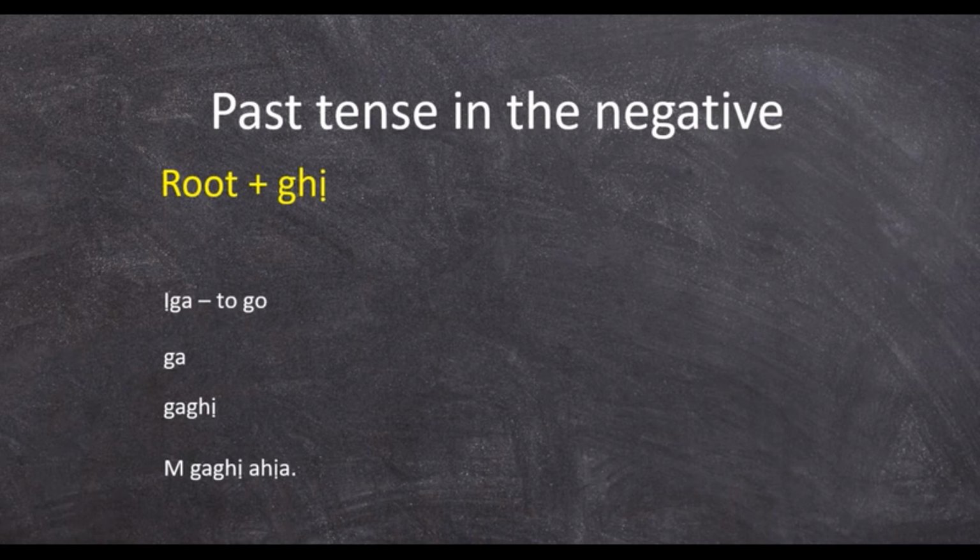Okay? A positive past tense would be gara ahia. We've already done past tense in the positive in our old video. To make it negative, you just get the verb down to the root, which is ga.